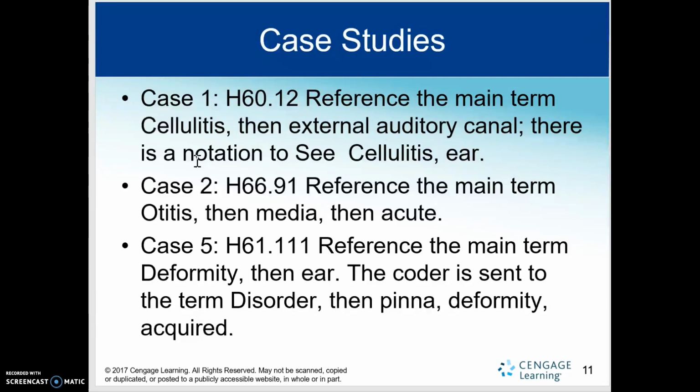All right, for the sake of time, we are going to jump to case study number 5. It says 31-year-old male is being discharged today following correction of deformity of the right pinna that he acquired during an automobile accident. His stay was uneventful, as most are in the hospital. The surgery corrected the deformity and there was no complications. He is instructed to follow the discharge orders that were given to him and follow up in my office in 1 week. So therefore we are coding deformity of the right pinna.